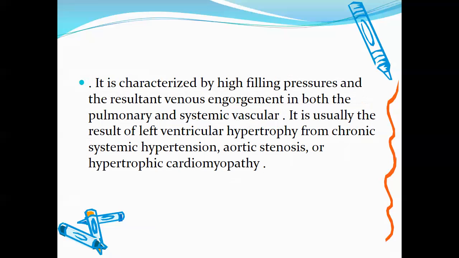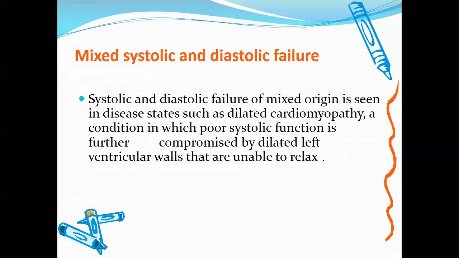Diastolic failure is characterized by high filling pressures. It results in venous engorgement in both the pulmonary and systemic vasculature. It results from LV hypertrophy, chronic systemic hypertension, aortic stenosis, or hypertrophic cardiomyopathy. So we see that kind of progress and build upon itself. Diastolic and systolic failure can have mixed origin. You see it in different disease states.